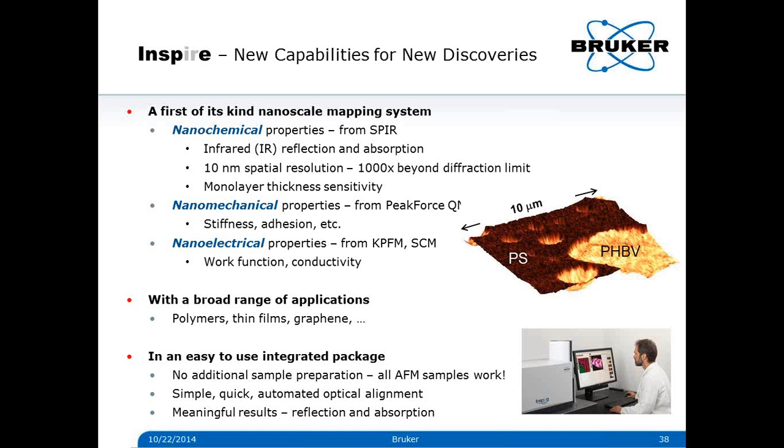For the combination of PeakForce and SPIR, for example, you do the PeakForce tapping, and then in the next line you do the SPIR measurement, and that is the same for the KPFM. So you have to have that consecutively.